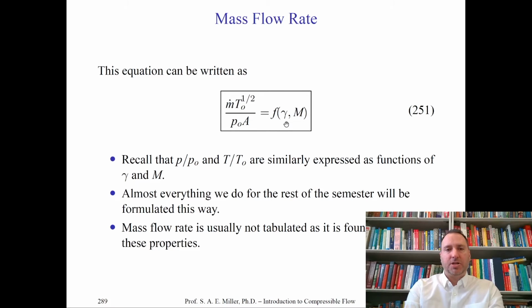Gamma is not changing. It's constant according to our assumptions. So the only two variables that can change are M and A. Therefore, this is another interesting form which we derived and held together by the Mach number area relation. You can imagine, depending on the sign of M, as A increases or decreases, M will go up or down. We'll look at the variation of these nonlinear functions throughout the course.